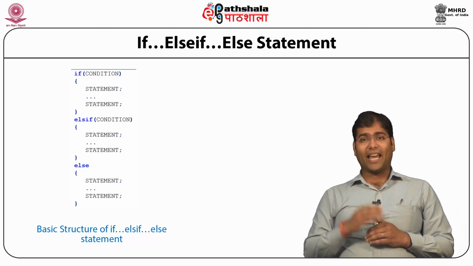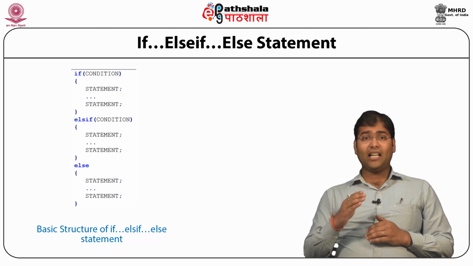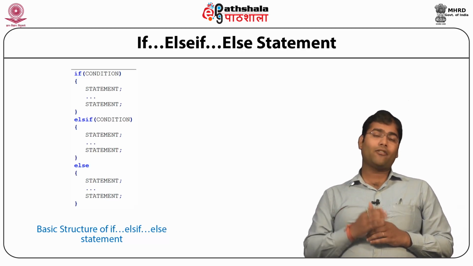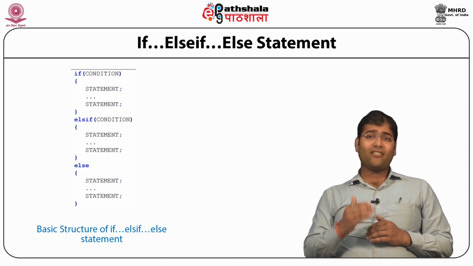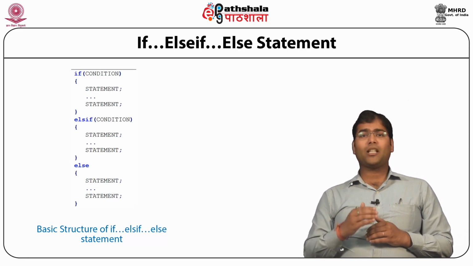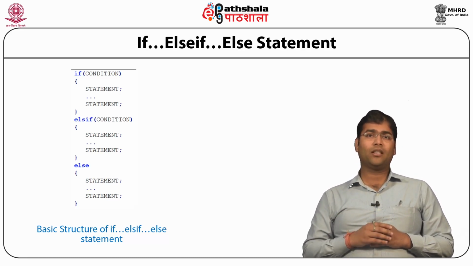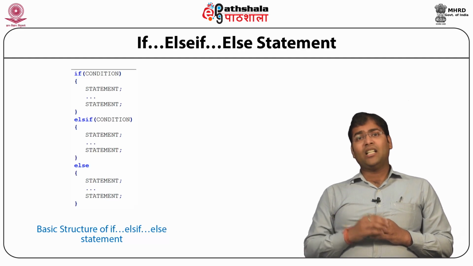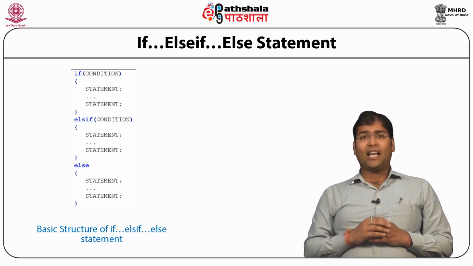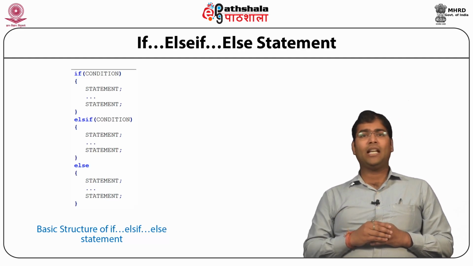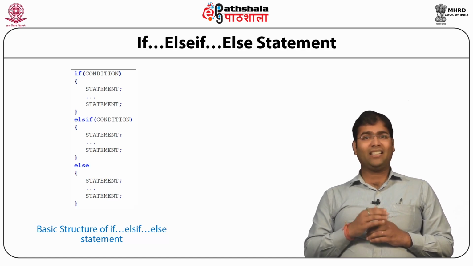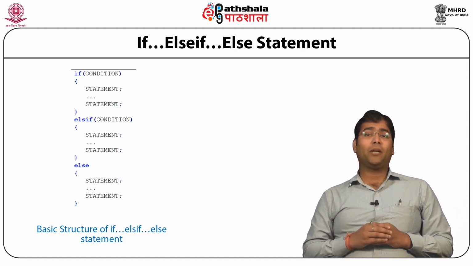After the curly braces, elsif will be there, then under curly braces statements will be there according to the next condition. And this elsif can be used several times as per the requirement of the program. And at last, the else will be there, and after that in curly braces statements can be written. If all the conditions defined by the programmer are false, only then the else statement will be executed.